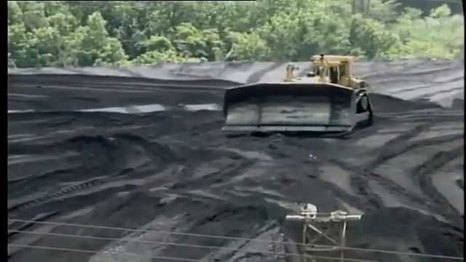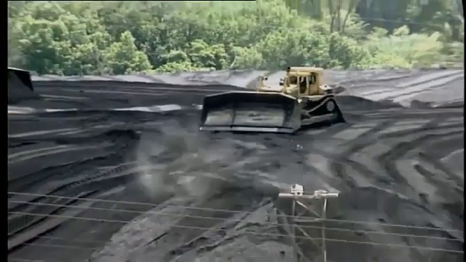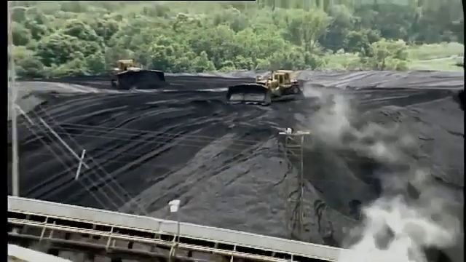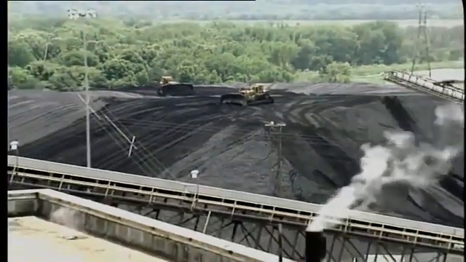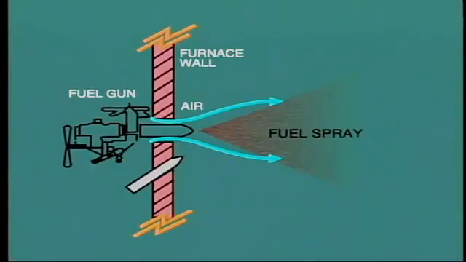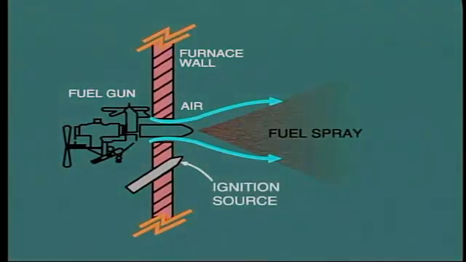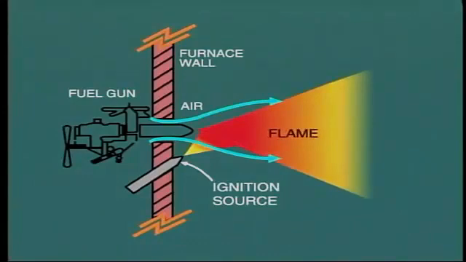Similarly, coal is transported and stored with exposure to atmosphere, but it is rare that self-ignition occurs. In order to provoke combustion, some form of ignition must be provided, usually in the form of a pilot flame or an electric arc.